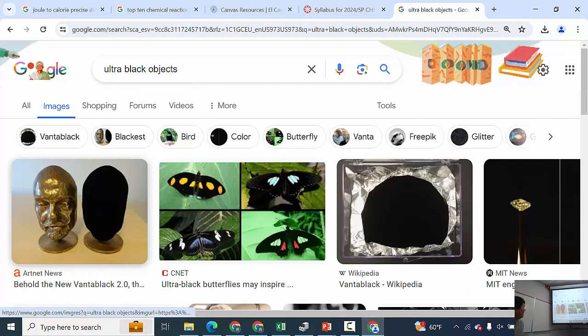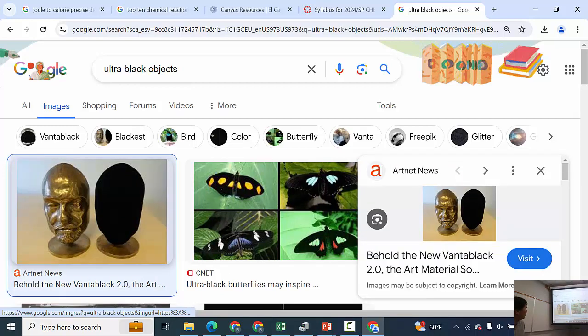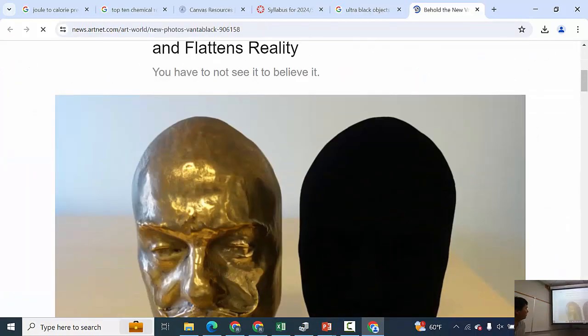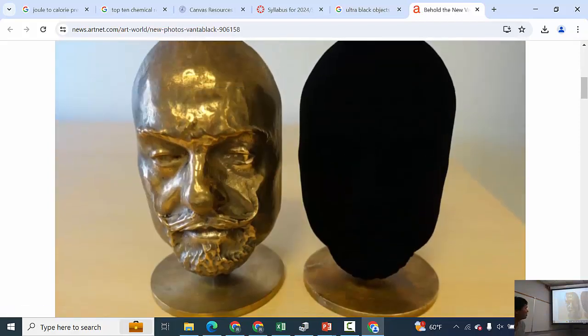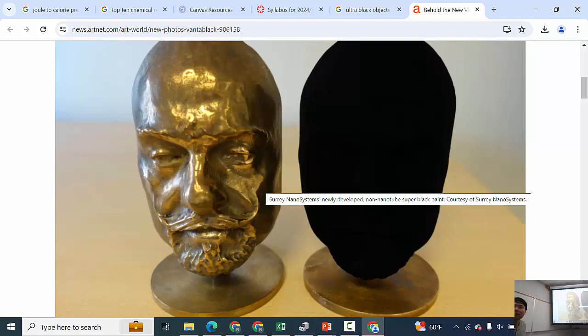So this is an object painted with ultra black paint. It's the same object. Is that weird or what? It looks like somebody just blacked it out, Photoshop or something, but it's the actual object that's been painted with ultra black paint. There's a video of this too where they rotate it so you can see it. But it's weird.